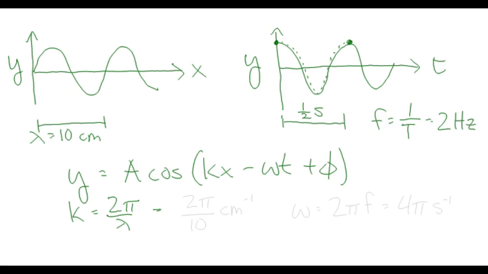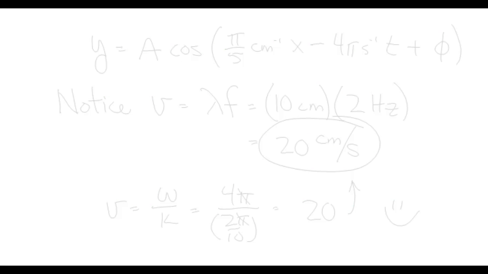So this is 2 pi over 10, and the units here would be radians per centimeter, or maybe just inverse centimeters, since radians is not really a real unit there. And the omega is 2 pi times the frequency, which is 4 pi radians per second.